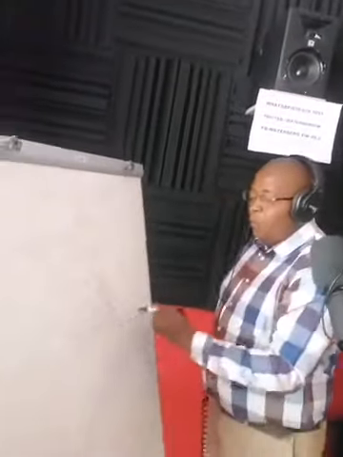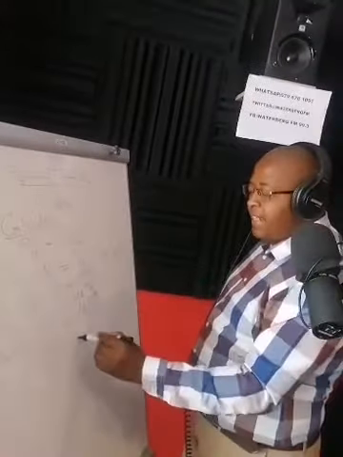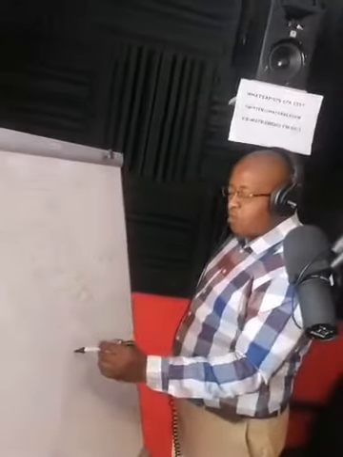Then we can have another scenario where our applied force is not applied horizontally, so it's not applied parallel to the surface. We can have an applied force applied at an angle with the horizontal.